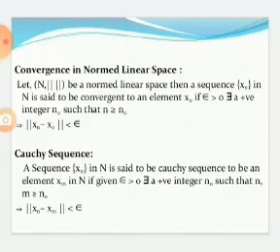It has a sequence of numbers. If the difference of two terms of the sequence is less than epsilon, then the Cauchy sequence is convergent. A sequence x_n in N is said to be a Cauchy sequence if, given epsilon greater than 0, epsilon meaning a very negligible value, there exists another term, and the difference between these two terms is very negligible, then the Cauchy sequence is convergent.